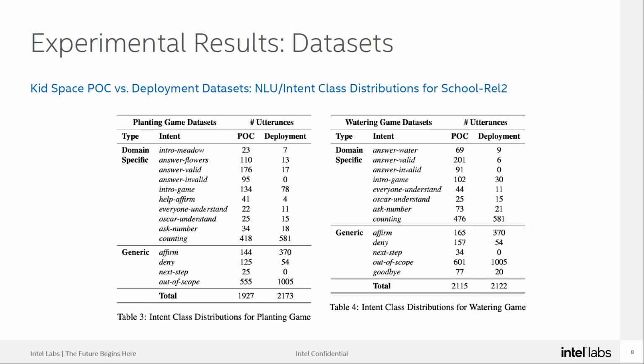This shows the class distributions again. On the left, I'm showing the planting game, on the right, the watering game this time, and we compare the POC versus real deployment class distributions here. We have some domain-specific intents. Most of our intents are very game specific or task specific. Like we ask the kids, what would make the meadow look more beautiful?